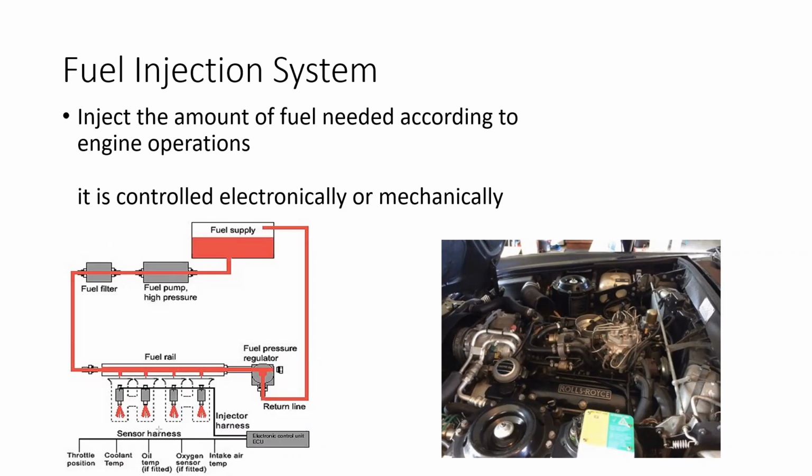So in order to control these fuel injectors efficiently, there's a control module. The control module has a separate connection to each one of these injectors, so they can be operated individually.